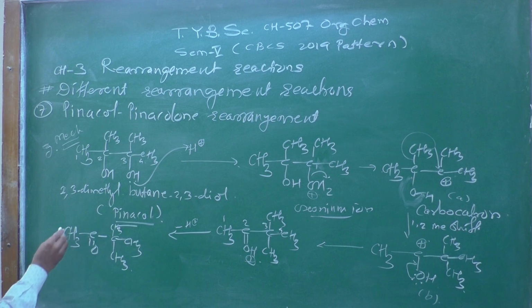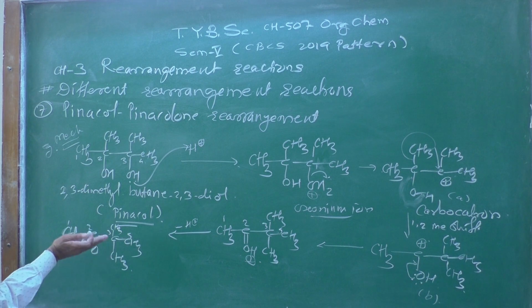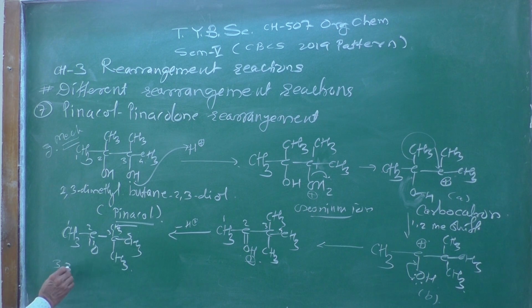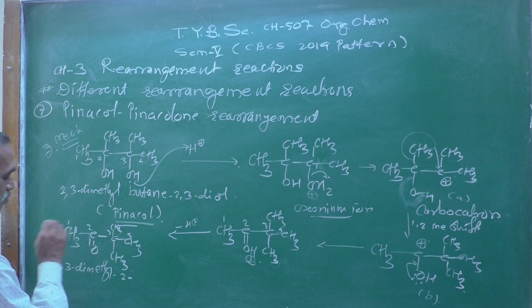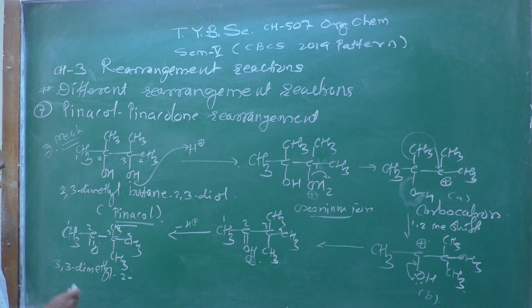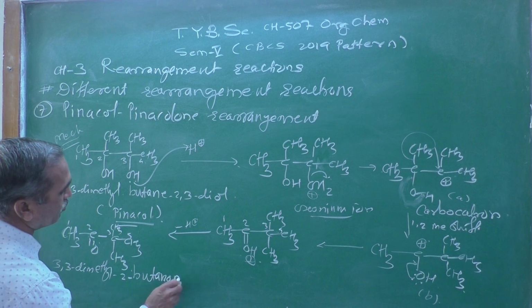This is 1, 2, 3, 4 carbon atoms in the straight chain, and there are 2 methyl groups at the 3 position, so you can call it 3,3-dimethyl-2-butanone. The 2 indicates the position of the carbonyl group.